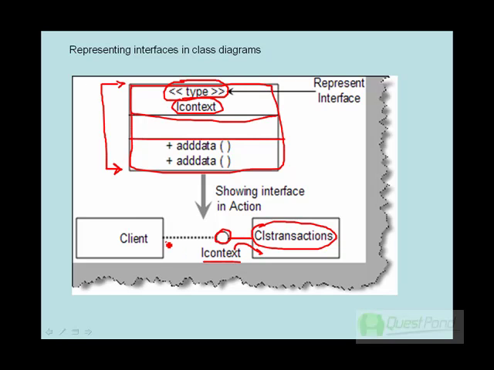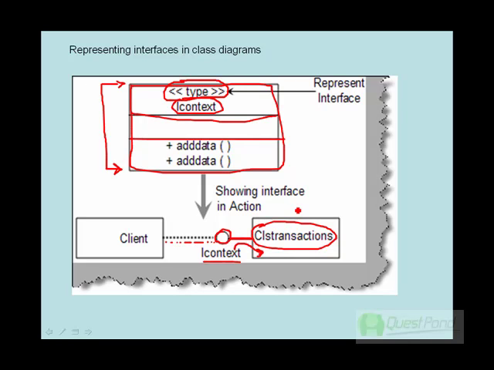So the client uses the iContext, which internally calls the concrete class CLS transactions, or the implemented class. The consumption by the client of the interface is shown by dotted lines, and at the other end, at the iContext, we show a dark line which represents a connection between the implemented class and the interface.